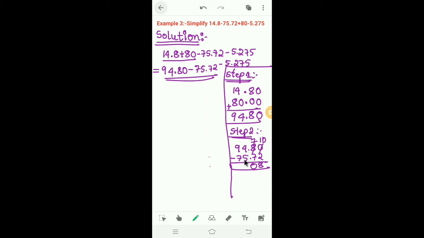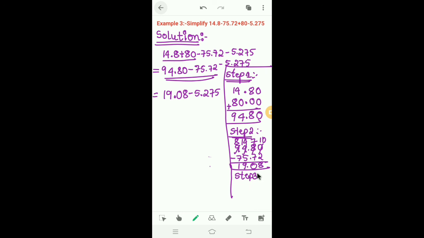Next 4 minus 5, is it possible to subtract? No. So we have to borrow from 9. Then 9 becomes 8 and here 4 becomes 14. 14 minus 5 is 9. 8 minus 7 is 1. The answer is 19.08. Next we write the remaining number as it is, minus 5.275.